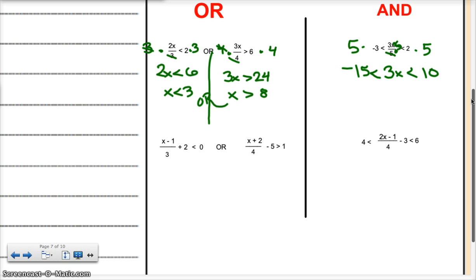Now I divide everything through by 3, maintaining balance. -5 is less than x, which is less than 10/3. 10/3 is 3 1/3, which is 3.3 repeating.